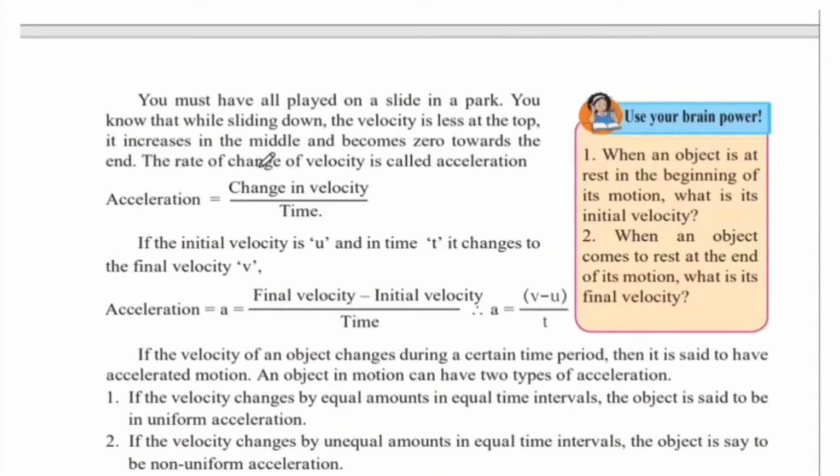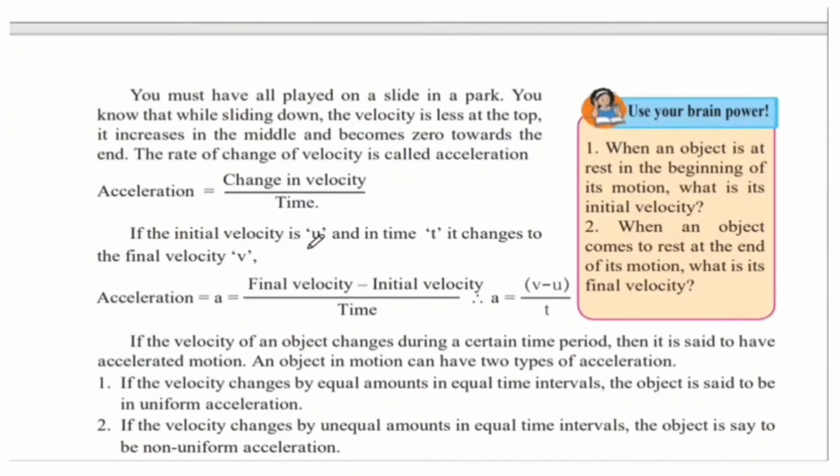The rate of change of velocity is called acceleration. So, the rate, that is how fast the velocity is changing, is called acceleration. And acceleration is calculated by change in velocity upon time. If the initial velocity is u, and in time t, it changes to the final velocity v, then what will be the acceleration?